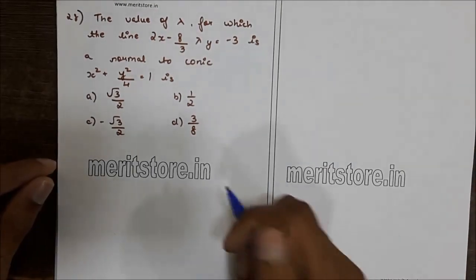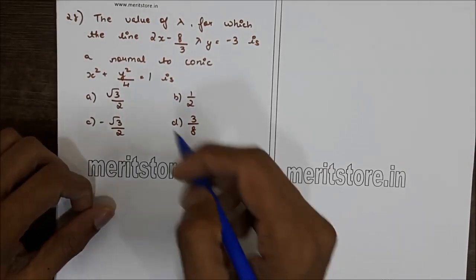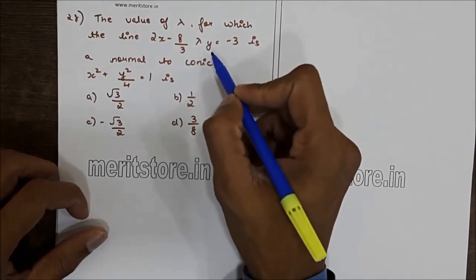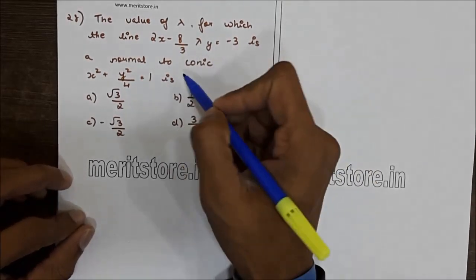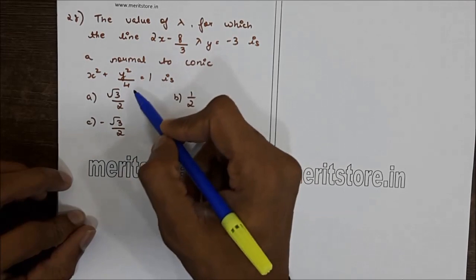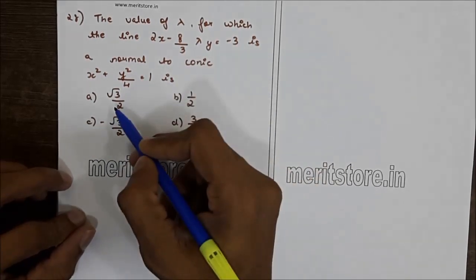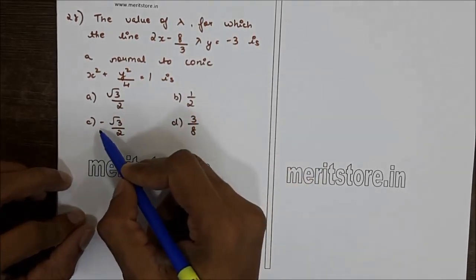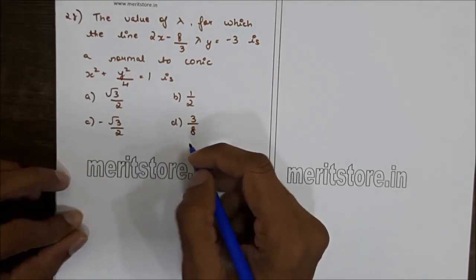Question 28. The value of lambda for which the line 2x minus 8 by 3 lambda y is equal to minus 3 is a normal to the conic x square plus y square by 4 equal to 1 is, we have four options: A root 3 by 2, B half, C minus root 3 by 2 and D 3 by 8.